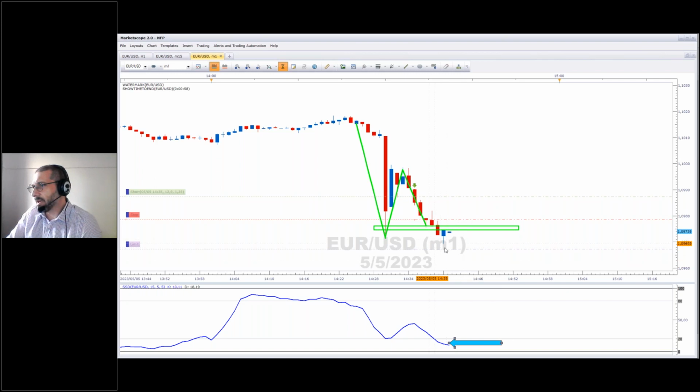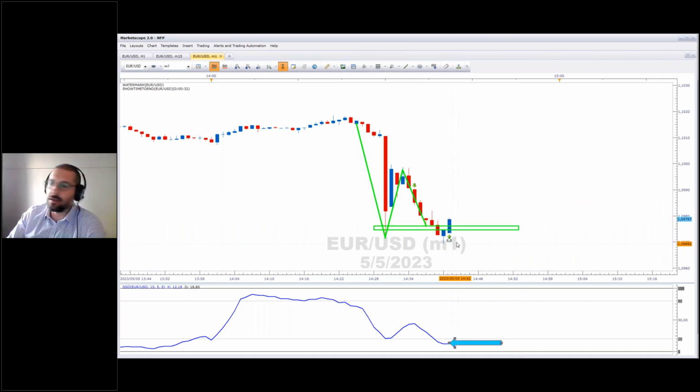Okay, it looks like we might be getting a reverse reference candle here. Getting pretty close to our stop loss. All right, and we're out there for eight and a half pips.